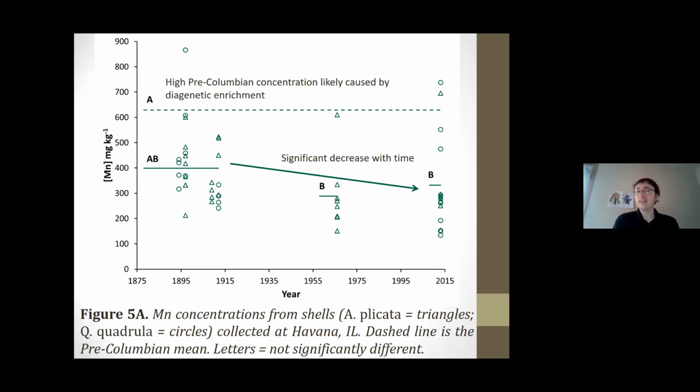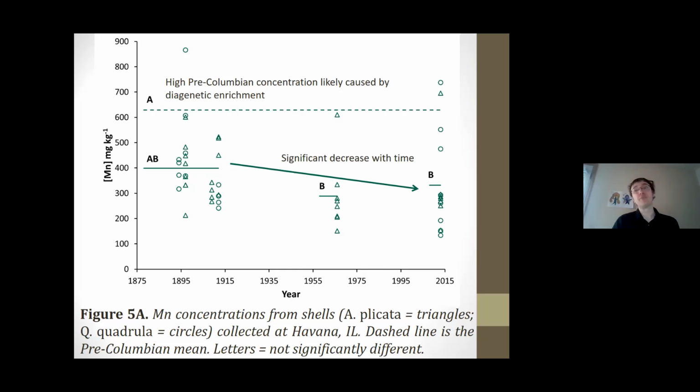We think that the high concentrations in the pre-Columbian shells are likely caused by diagenetic enrichment. So just by the fact that they were in the ground, the manganese preferentially either moved into the shells or was not released by the shells over the time that they were in the ground. And this comes from the literature.